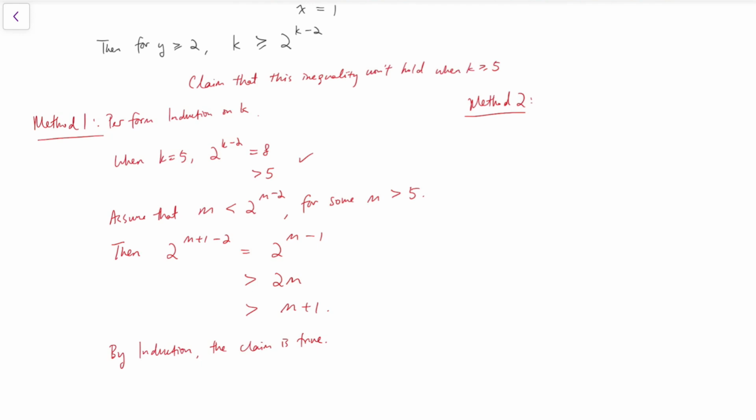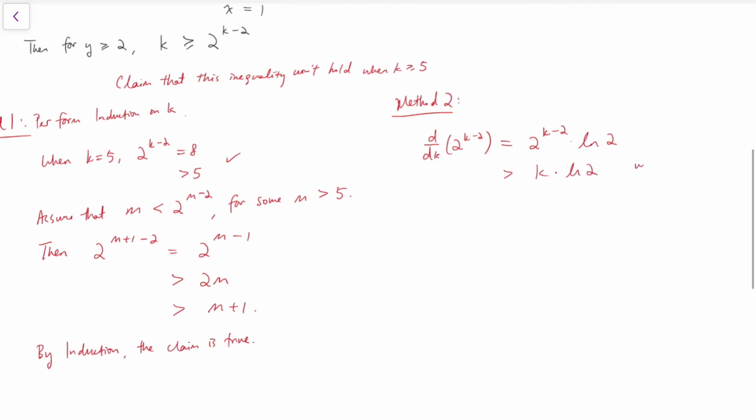And my second way to show this is actually to use some calculus. Starting from k equals 5, where we know that the base case holds, the growth rate of the function on the right, 2 to the power k minus 2, is equal to the same function multiplied by the natural log of 2, and that is larger than k times log 2 when k is at least 5.